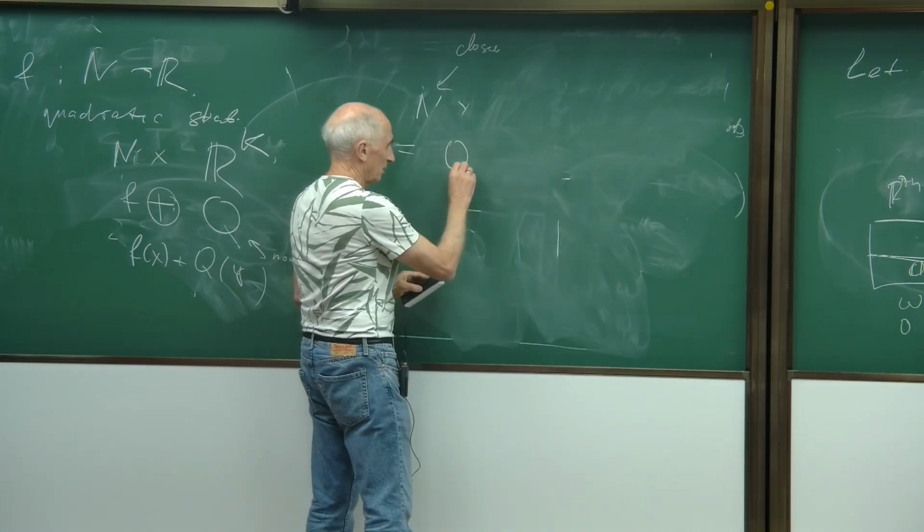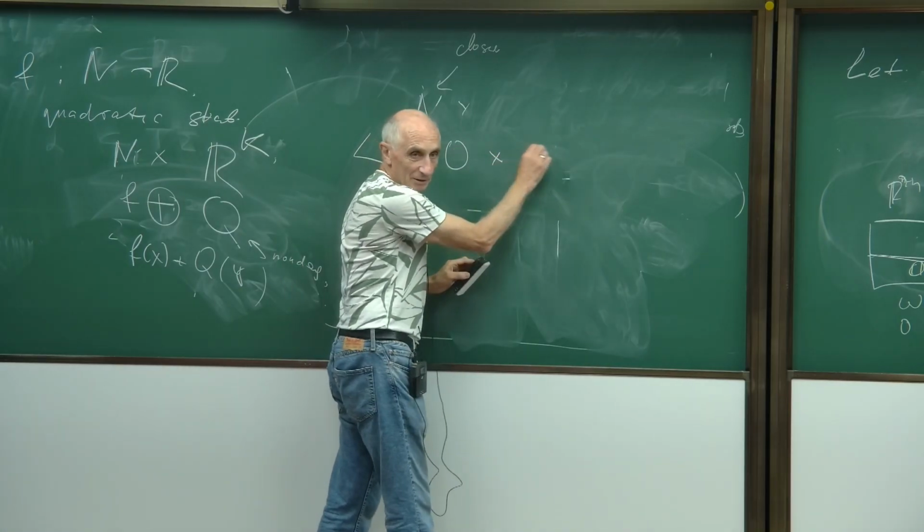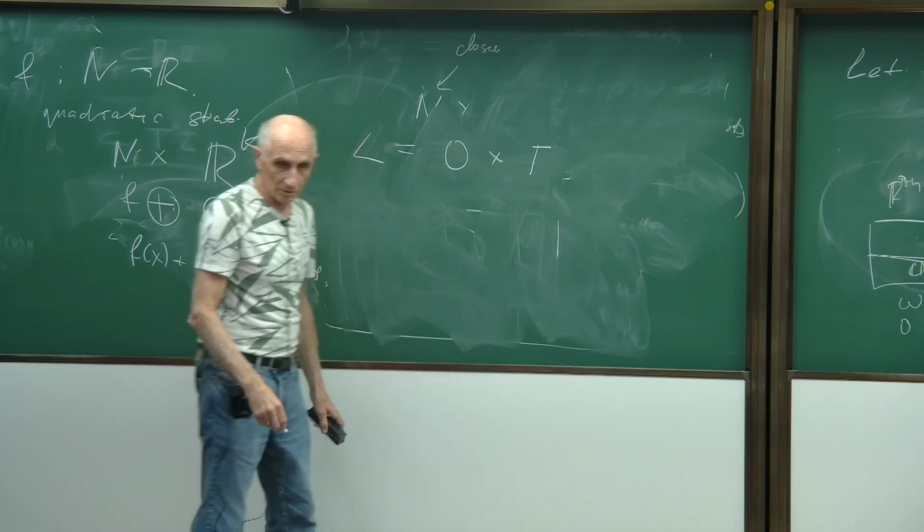This is our Lagrangian. Can it be the coisotropic? No, this is Lagrangian. And the coisotropic would be the zero section cross delta odd, delta even cross zero section. That can be the coisotropic.